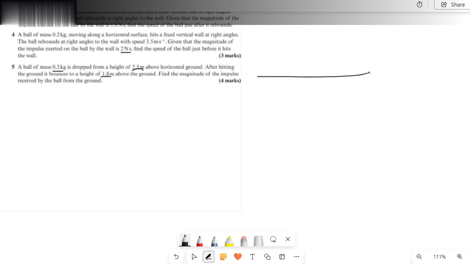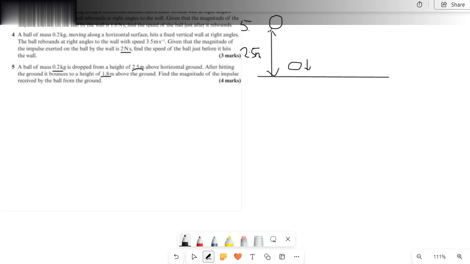So drawing the scenario again, if this is the horizontal surface, for number 5, it is initially dropped from a height of 2.5 meters. And as the ball drops, it will have a final velocity v.